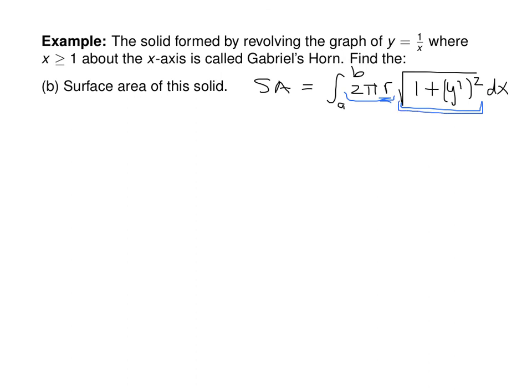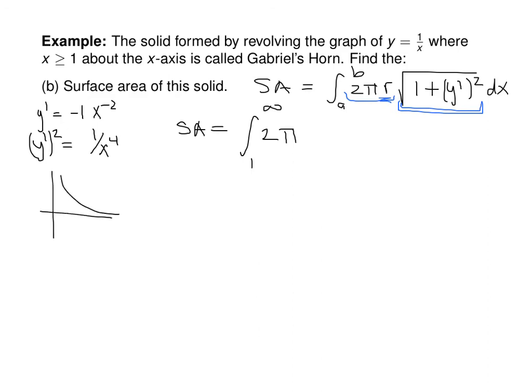So, first of all, y prime is equal to negative 1 x to the negative 2, so y prime squared is 1 over x to the 4th. So my surface area will be equal to an integral from 1 to infinity, 2 pi. Now the radius, so the distance from your axis of rotation up to your curve, will be 1 over x, times the root of 1 plus 1 over x to the 4th dx.